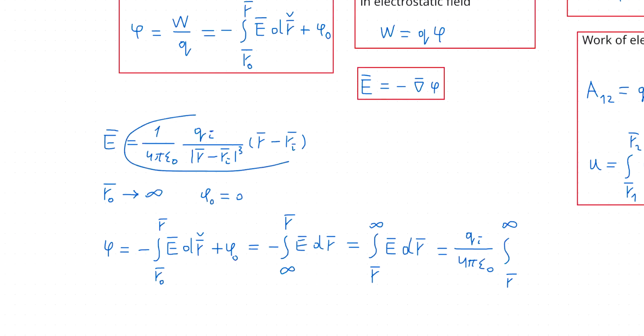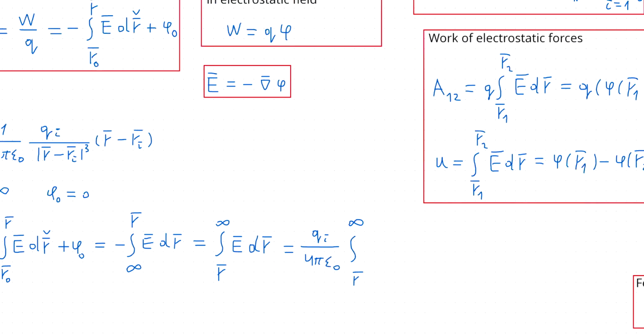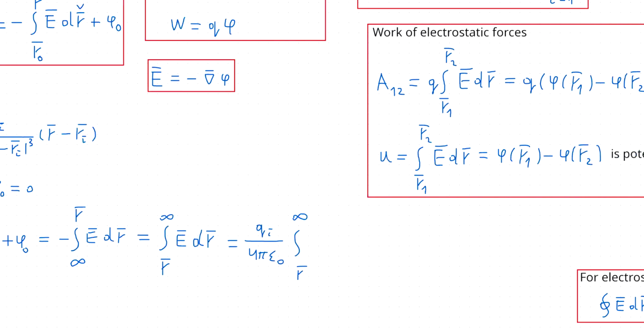Now we use this formula: the vector r minus ri divided by the modulus of r minus ri to the power of 3, and dr.